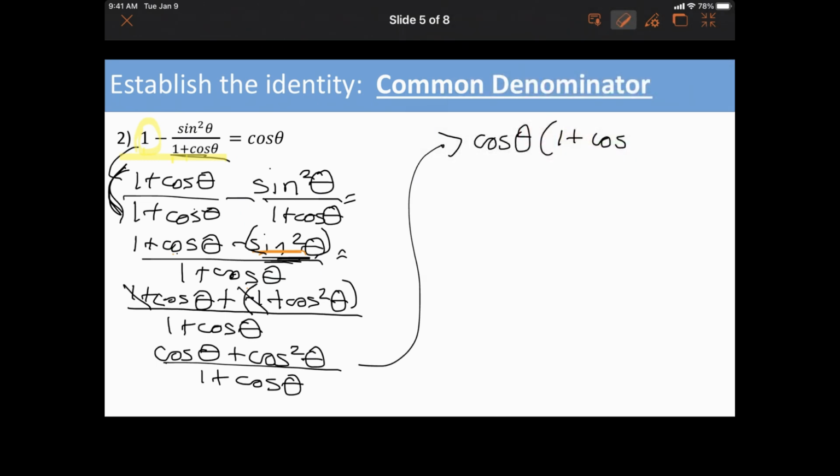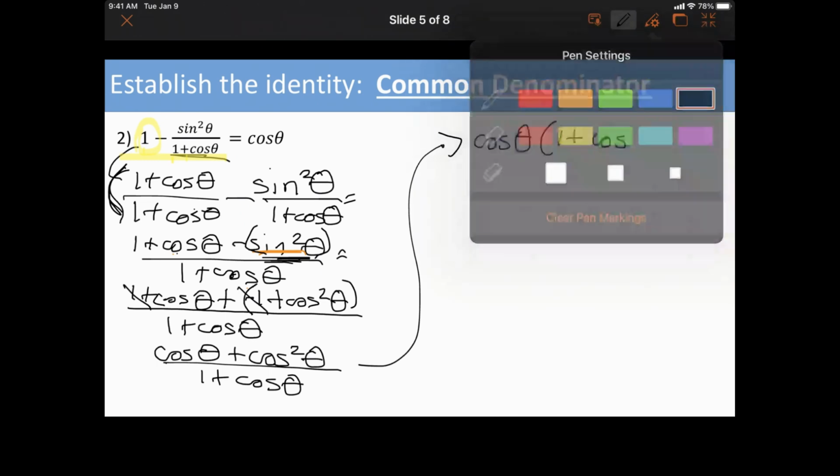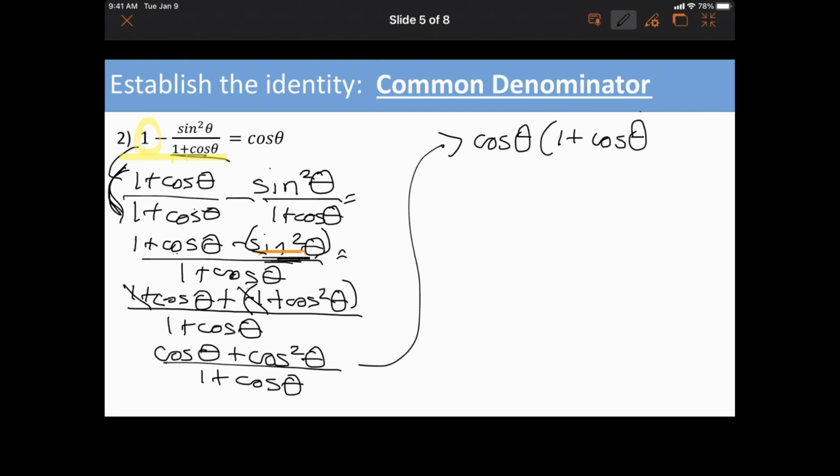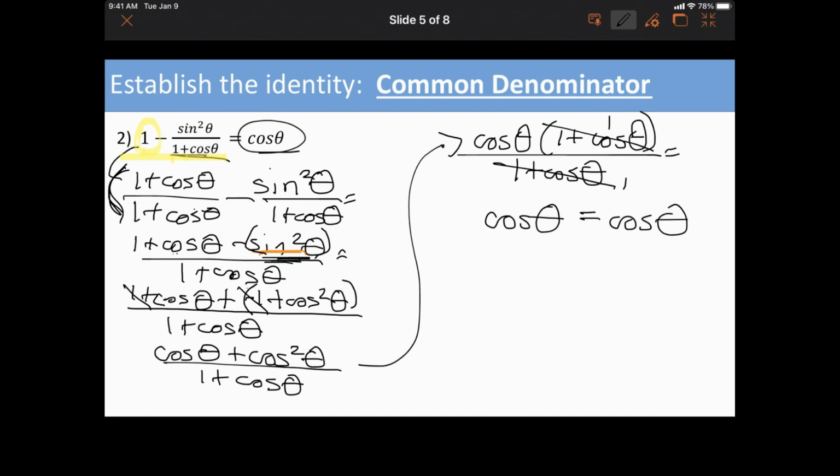So if you take out 1 cosine and you had 2 to begin with, you only have 1 left. So this and this, they're both the same. That'll simplify to 1. So cosine theta equals cosine theta. Okay.